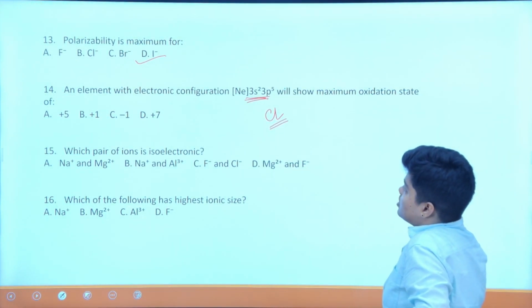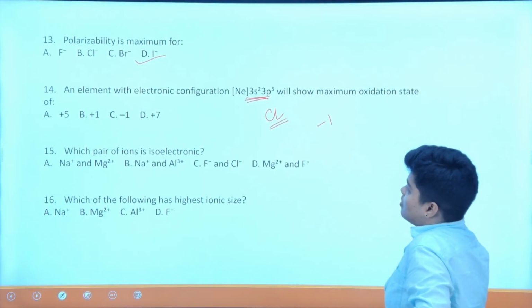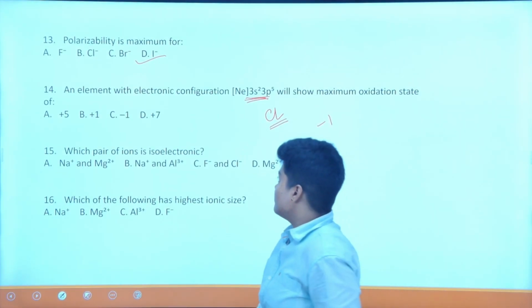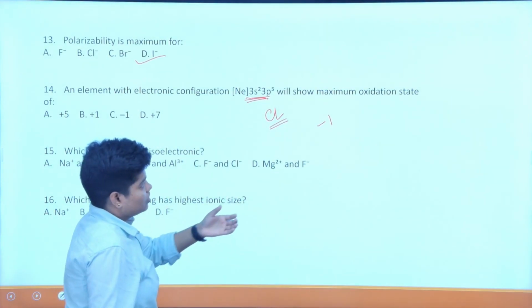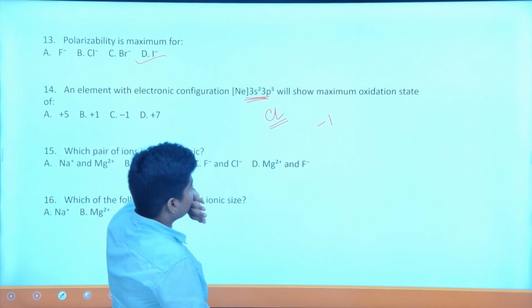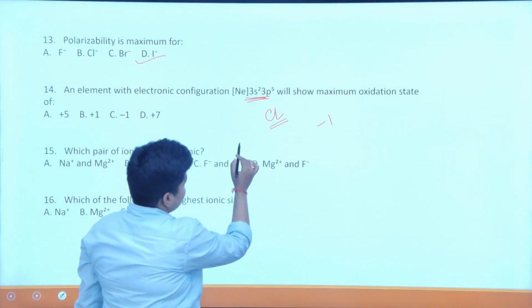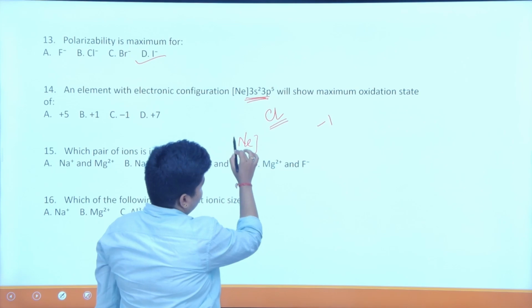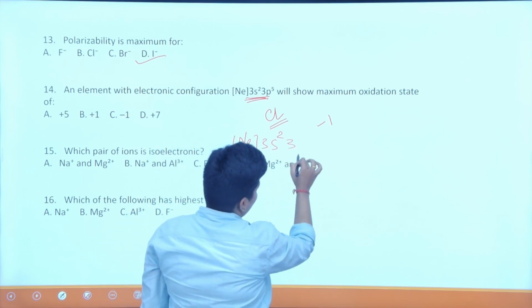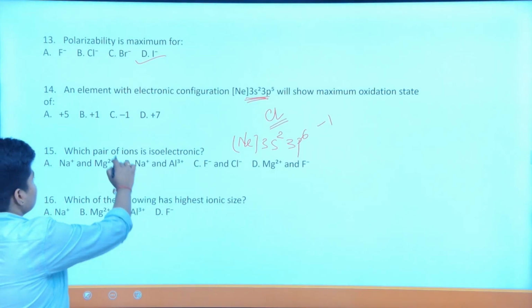We know the general oxidation state chlorine shows is -1. Why? Because if it acquires one electron, it reaches the nearest configuration, that of argon, neon 3s2 3p6. So the oxidation state will be -1.